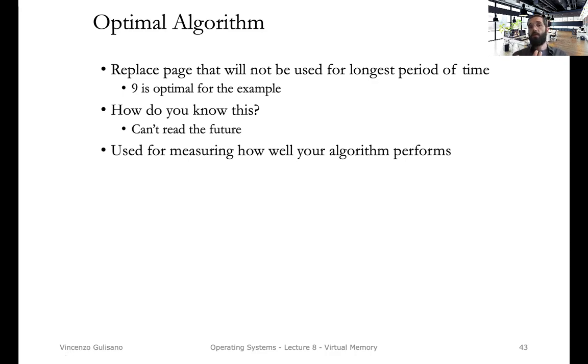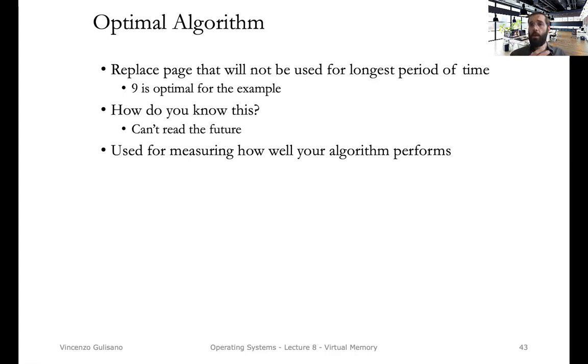The problem is that you cannot really implement the optimal algorithm because in practice you don't know which page will not be used for the longest period of time. Knowing that would basically mean reading the future for a generic process in a generic execution with many other processes.